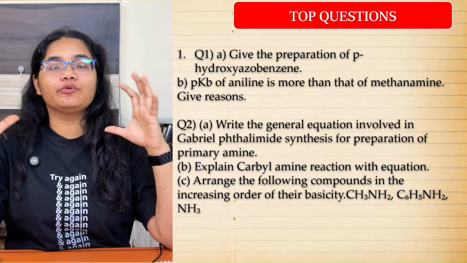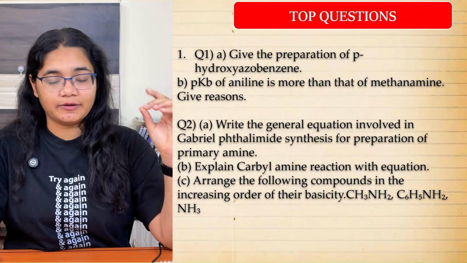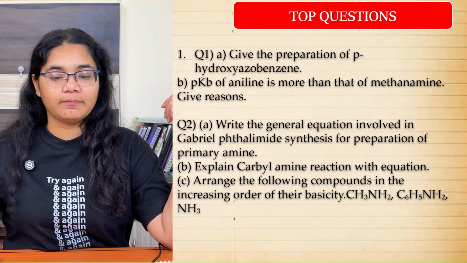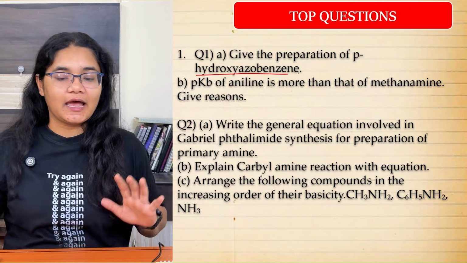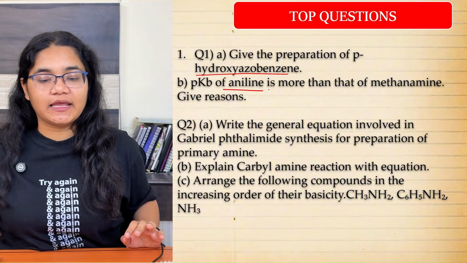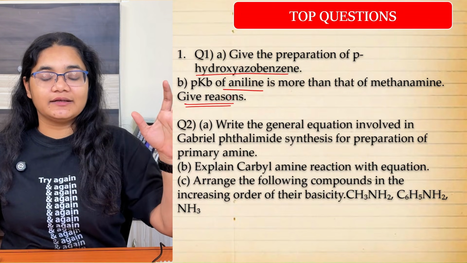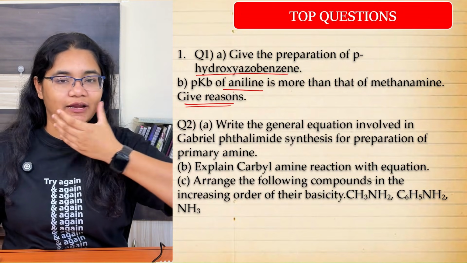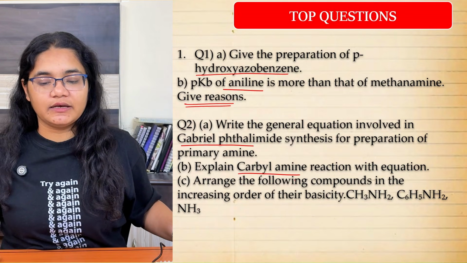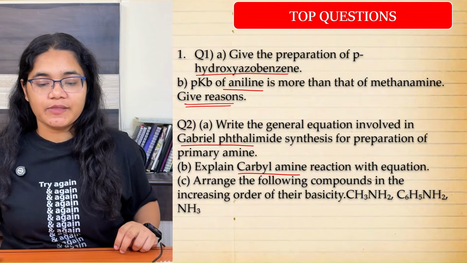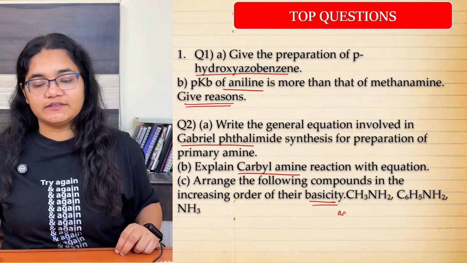Now I'll be giving you a list of top questions that you should definitely prepare from this chapter. So question number 1 is the coupling reaction, preparation of para-hydroxyazobenzene and para-hydroxyaminobenzene. Next question, pKb of aniline is more than methylamine. This is a very important question, because the lone pair of nitrogen is delocalized. Next, Gabriel phthalimide synthesis and carbylamine reaction. These two are very important questions. Then arrange the following in the basicity order, for aqueous medium especially.